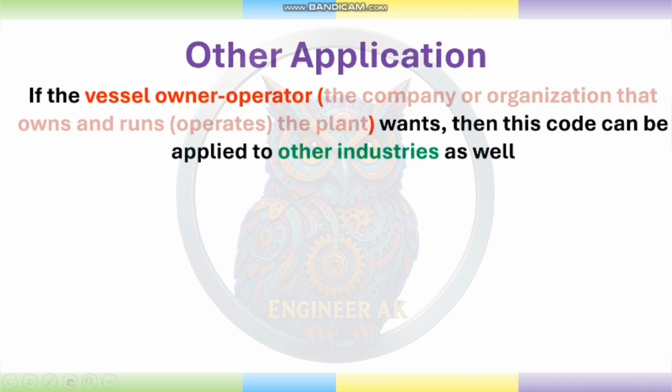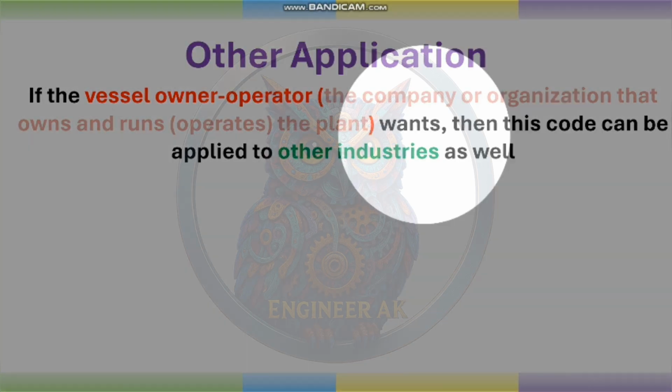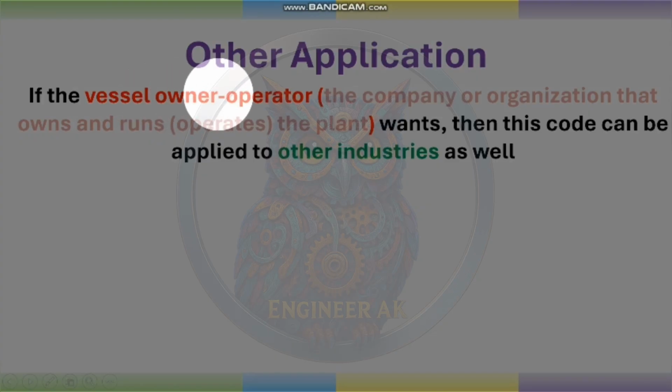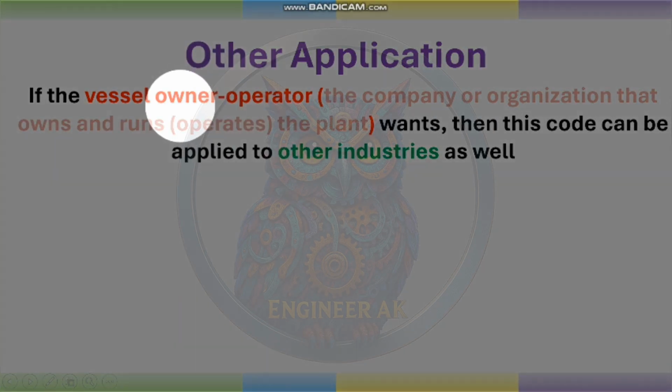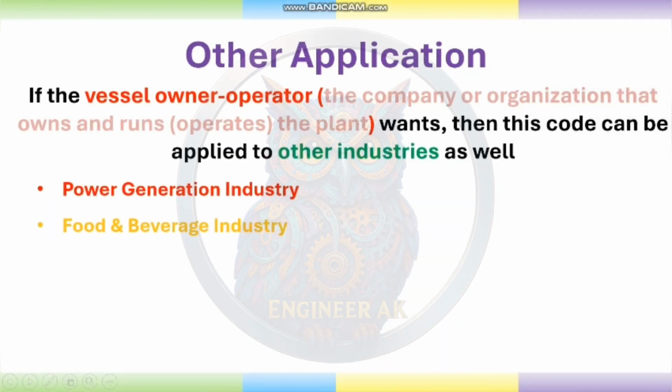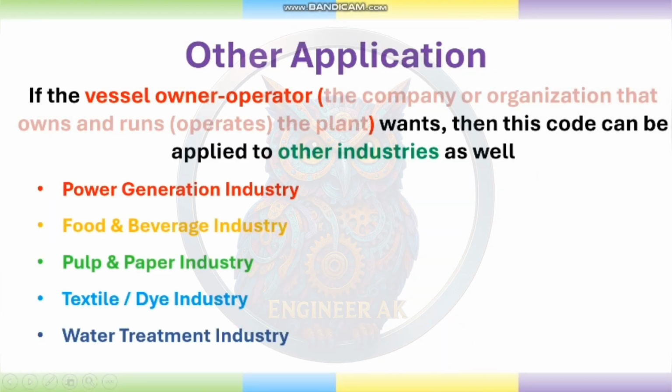So although this covers the vessels that are used in chemical process or hydrocarbons, still if the company, I will use company so that it is a bit easier to understand, if the company wants, then this code can be applied to other industries as well. For example, power generation industry, food and beverages industries, pulp and paper industries, textile dye industry, and water treatment industries.